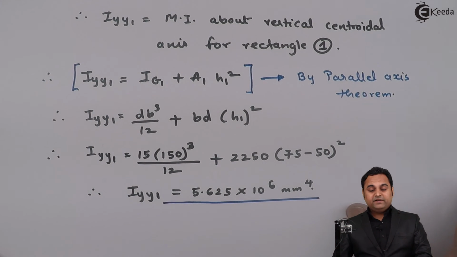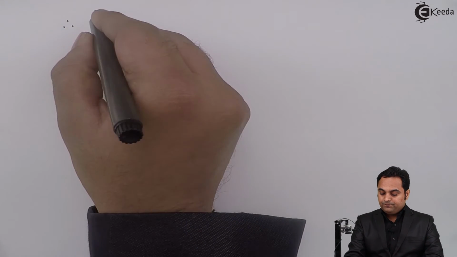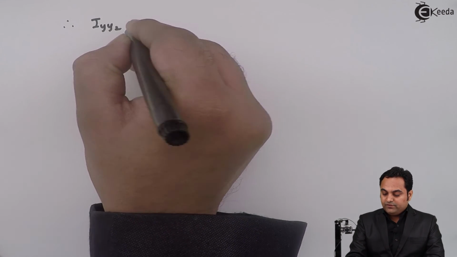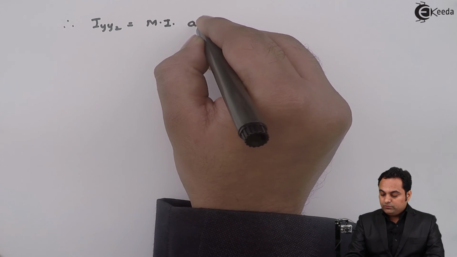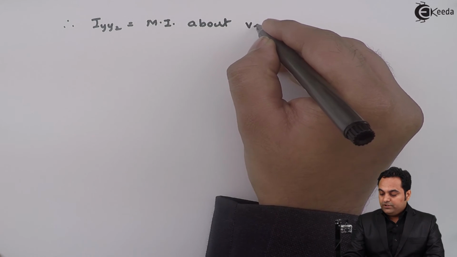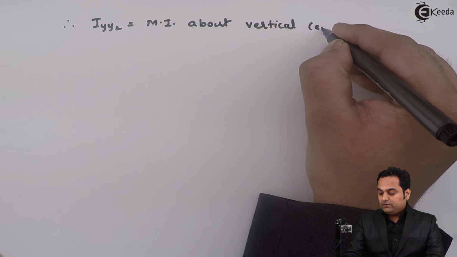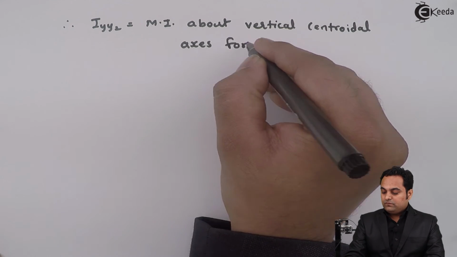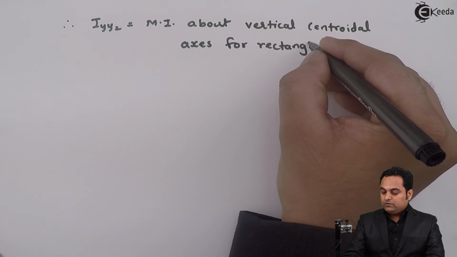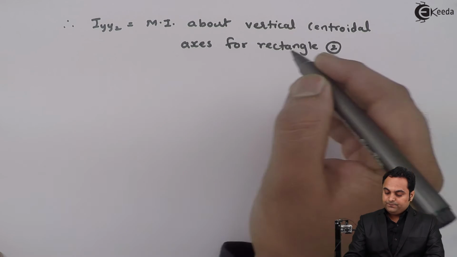Now in a similar manner I will calculate Iyy2. So therefore Iyy2 is equal to moment of inertia about vertical centroidal axis for rectangle second.